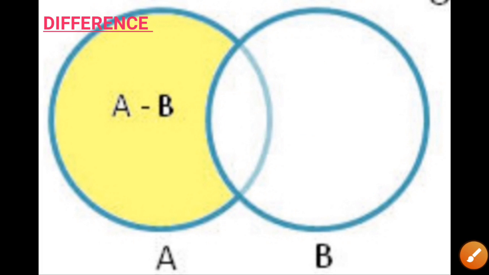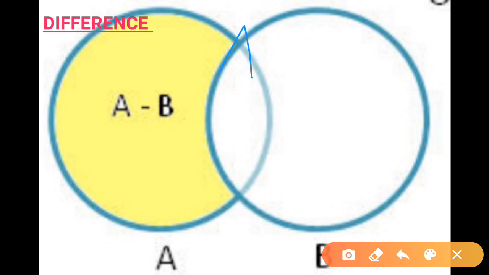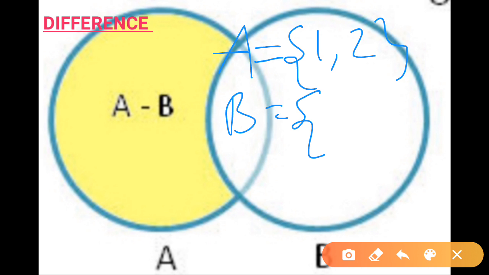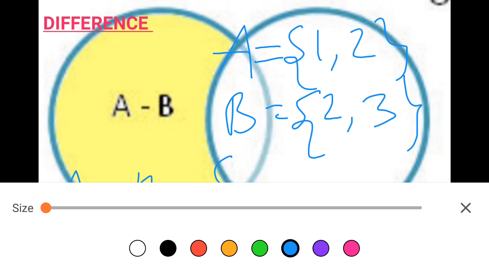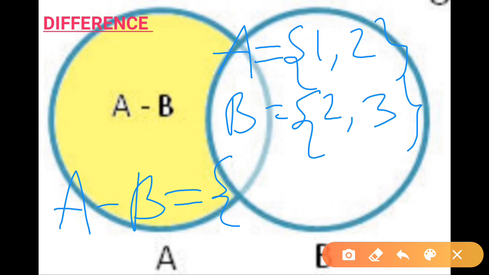For the sake of understanding, for example I'm taking A equal to {1, 2}, same example I'm repeating, and B equal to {2, 3}. A minus B: first of all, you should identify the common elements. The only common element is 2.